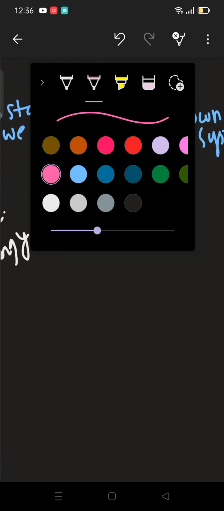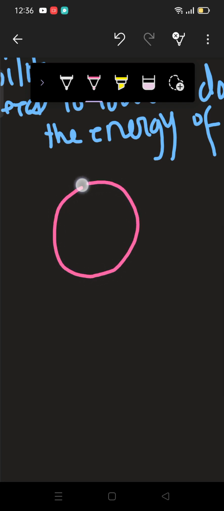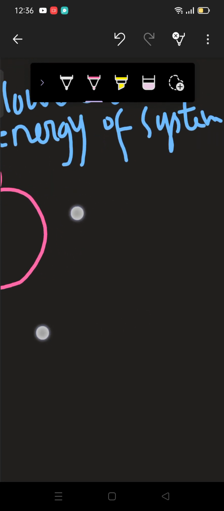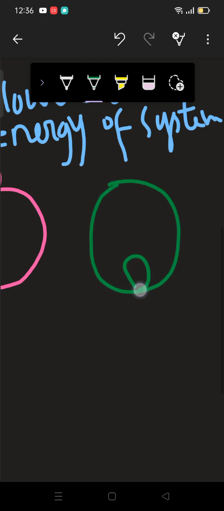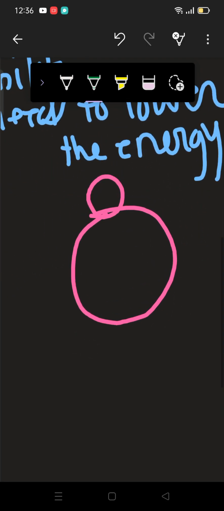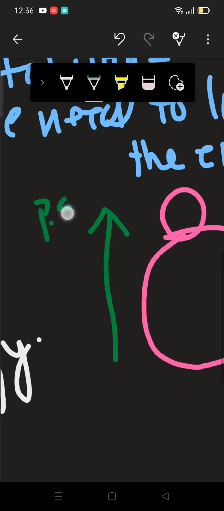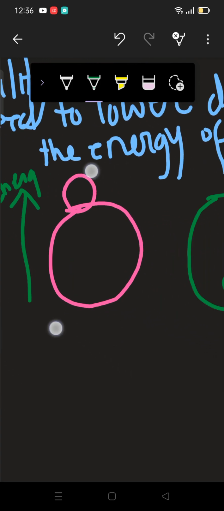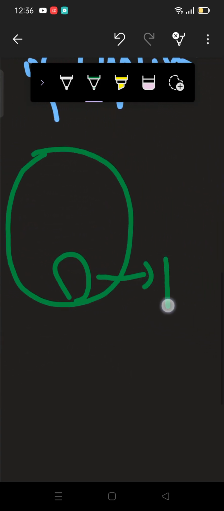Here we have one more example. If I have one body placed here, and another body placed here, which would be more stable, right? Its potential energy is higher here, and its potential energy is lower here.